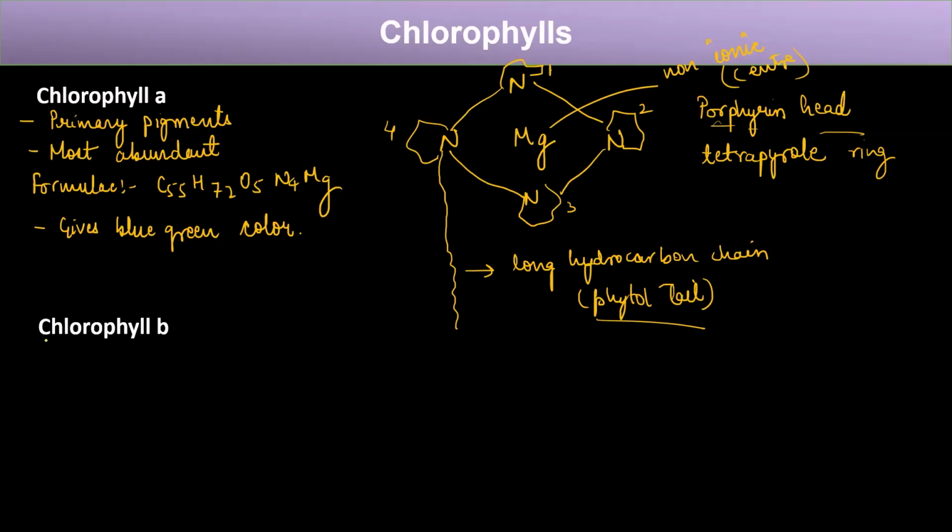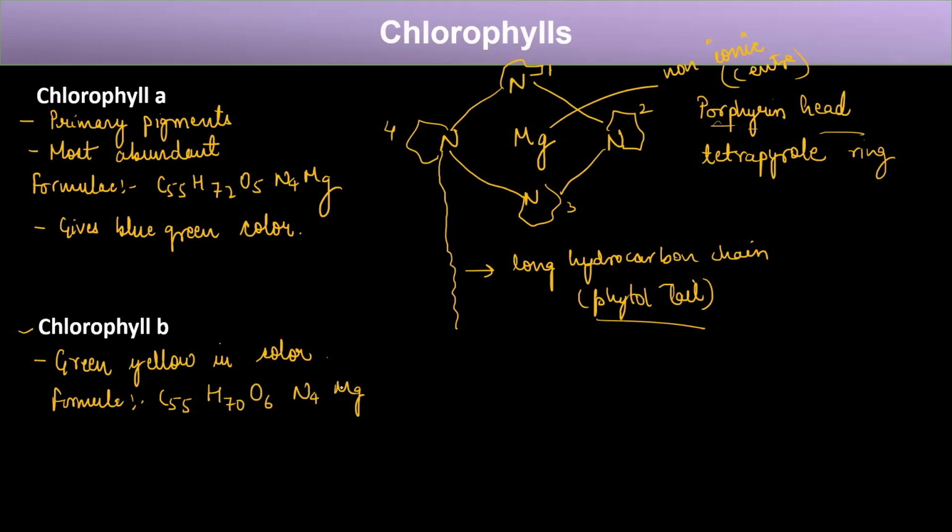The second type of chlorophyll present in the plant is known as chlorophyll B. Chlorophyll B is green-yellow in color, while chlorophyll A is blue-green. Its formula is slightly different from chlorophyll A, that is C55H70O6N4Mg.